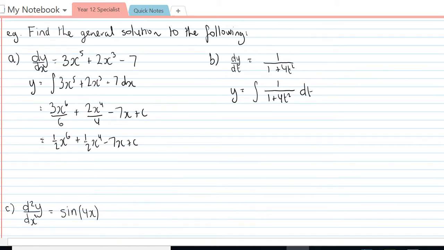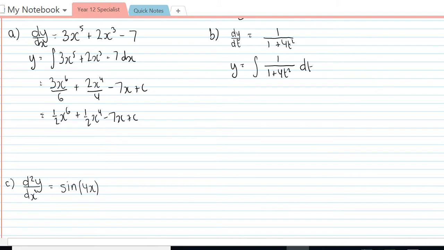Well, you might recognise that that's going to be an inverse tan, and so to do that I need to make the coefficient of the t squared just 1. So I'm going to take that 4 out the front, and then I'm left with 1/4 plus t squared dt.